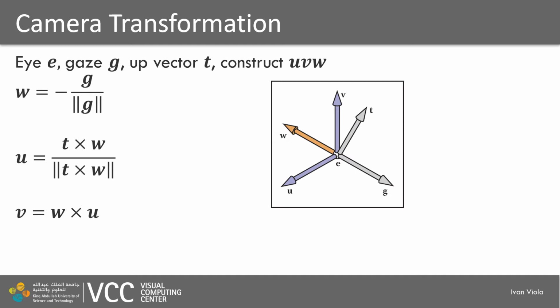The next step, or better to say, the first step in our viewing transformation will be the camera transformation, which will bring our world coordinates into the camera space, camera coordinates, so that our camera will be at the origin of this coordinate space, and the coordinates of this space will be oriented in such a way that we will be looking straight into the negative z direction of this camera space.